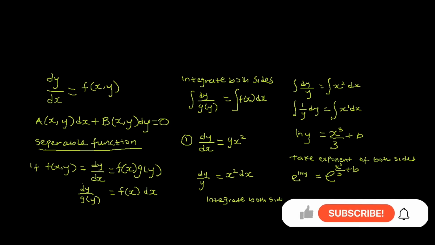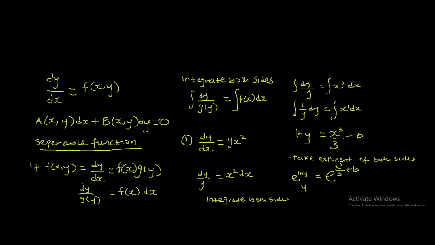They're just like inverses of each other, opposite of each other, just the way differentiation and integration are opposite. Same thing, exponents and ln are opposite. So the exponent here will cancel the ln. We are left with y. And this is the same thing as saying, from our idea of indices, e to the power x cubed over 3 times e to the power b.